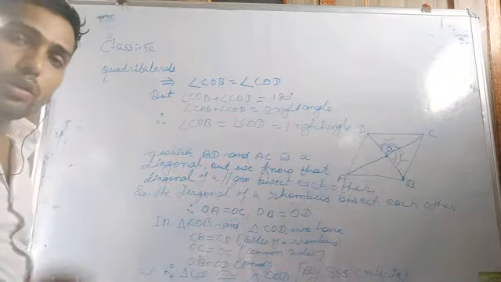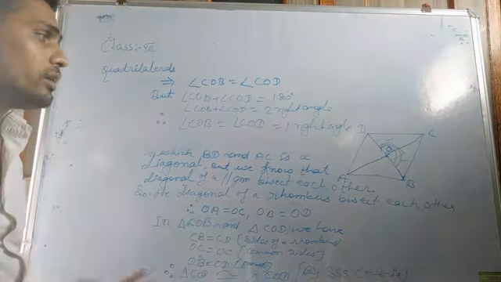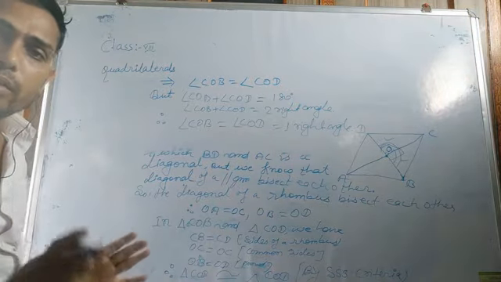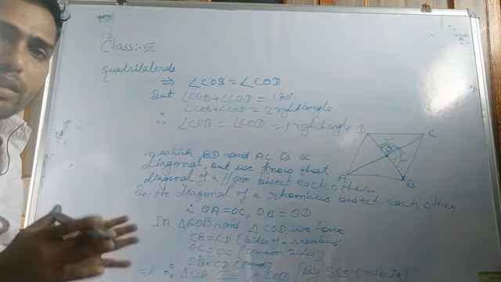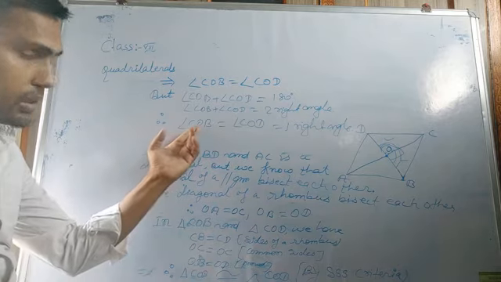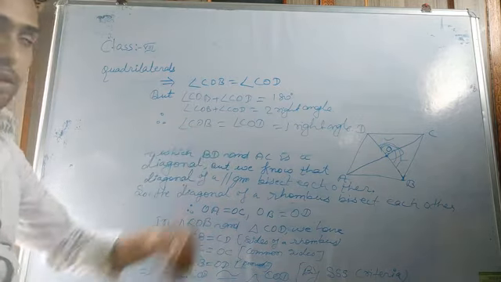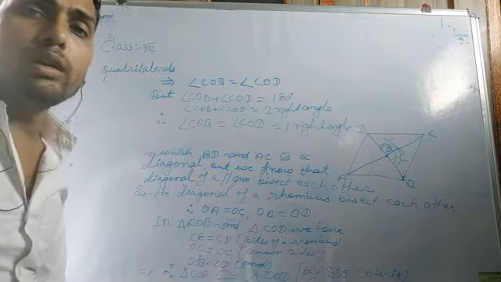ABCD is a rhombus where two diagonals are meeting at a point, and they are making 90 degrees. We got angle COB equal to angle COD equal to one right angle.